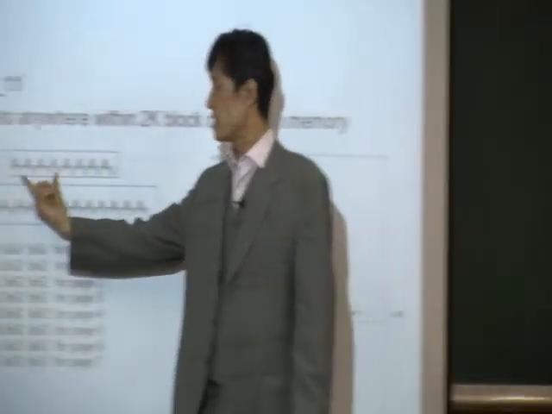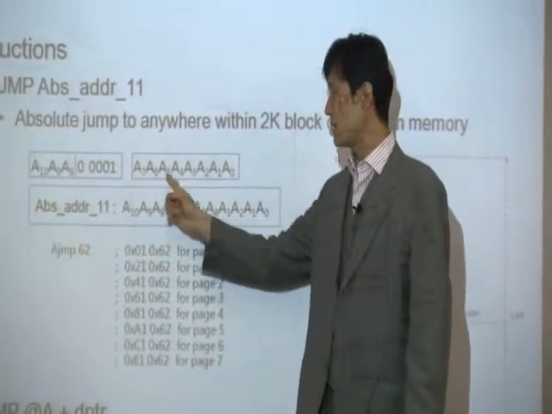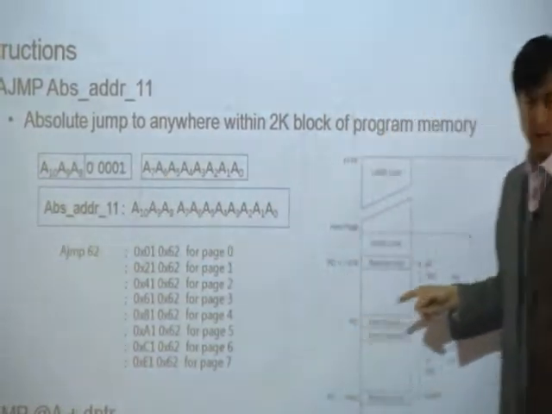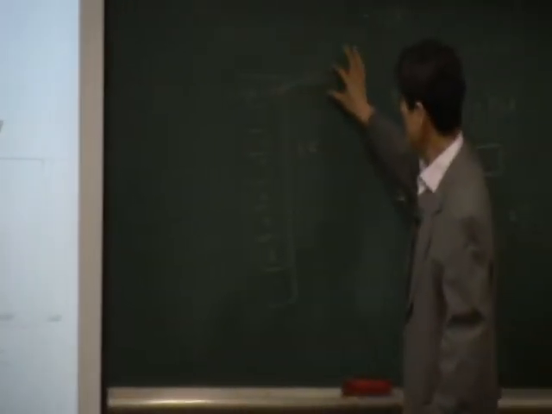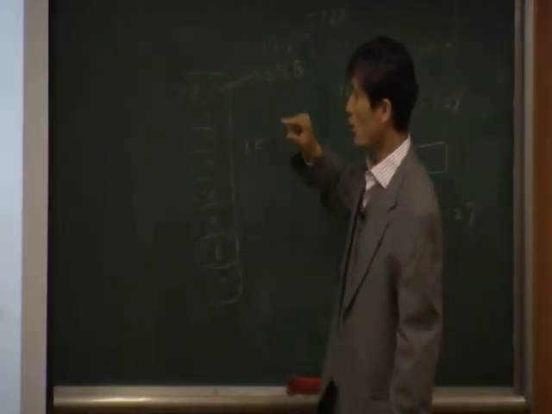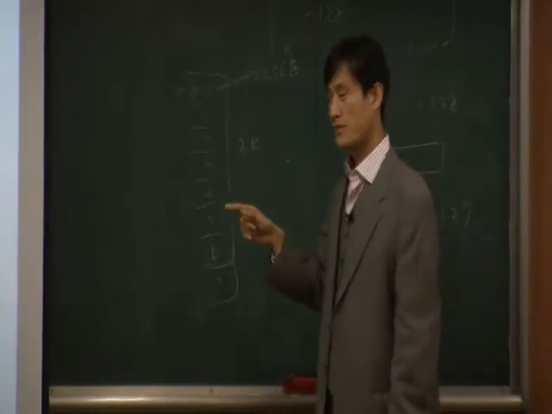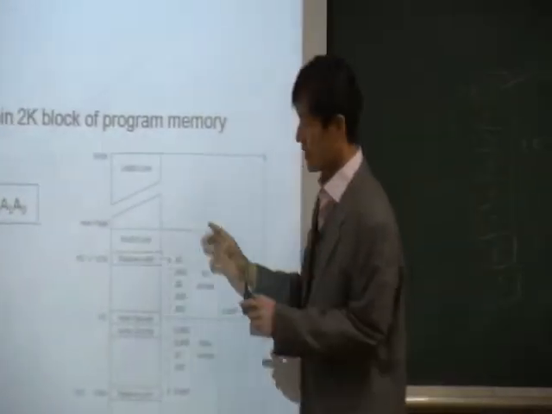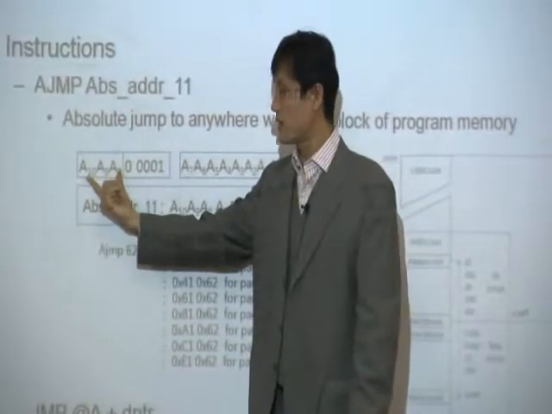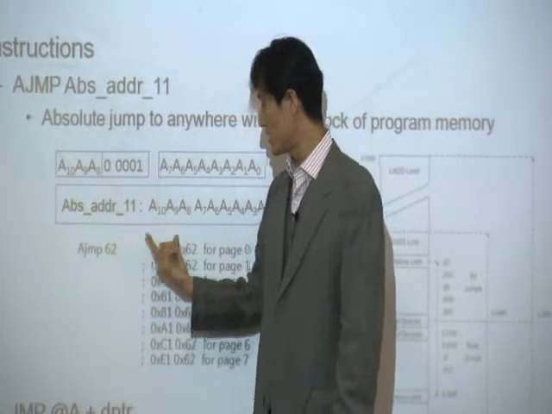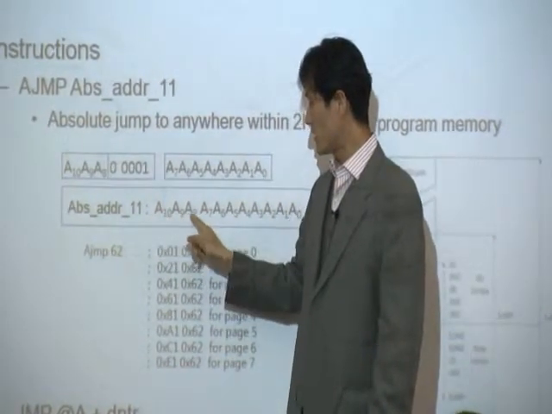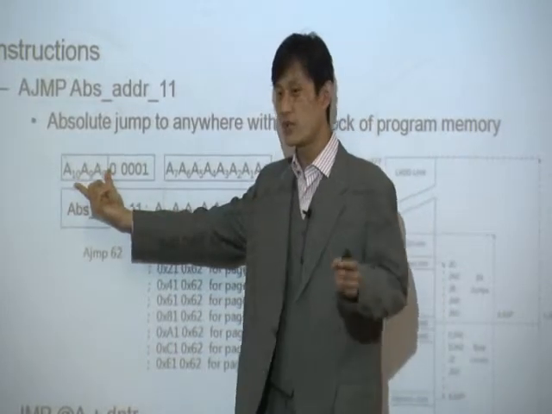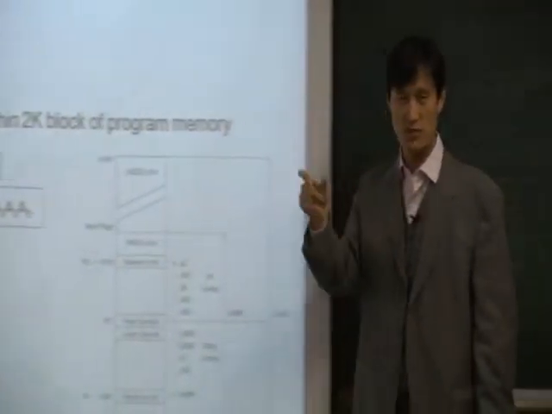When you look at here, we have 8 bits here. With these 8 bits, from A0 to A7, you can see which address within this one page you want to jump to. Let me put it this way: the first 3 bits, in this case the most significant 3 bits, will tell you which page you want to jump to.